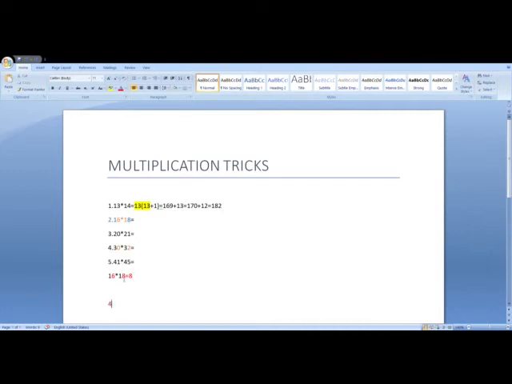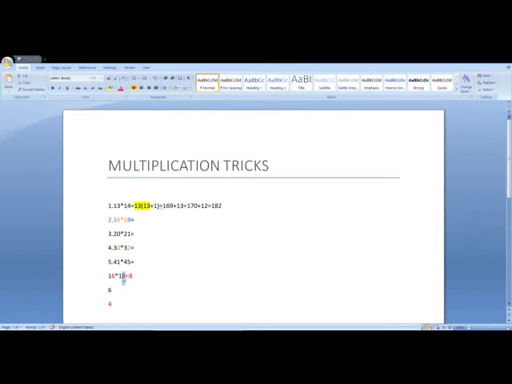And then the middle terms: 1 into 6 and 1 into 6, and then the last terms, 1 into 6 and 8 into 1.